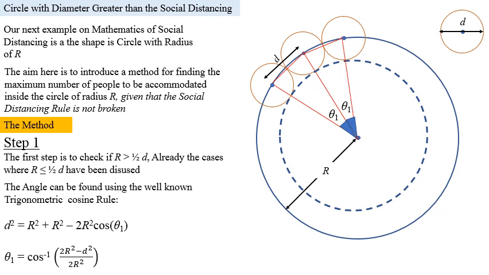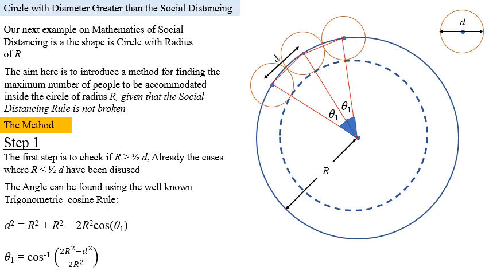We start from here. Assume that you have a circle, which is like the circumference of a hole. Now we introduce a method to find the maximum number of people we can accommodate in this area.